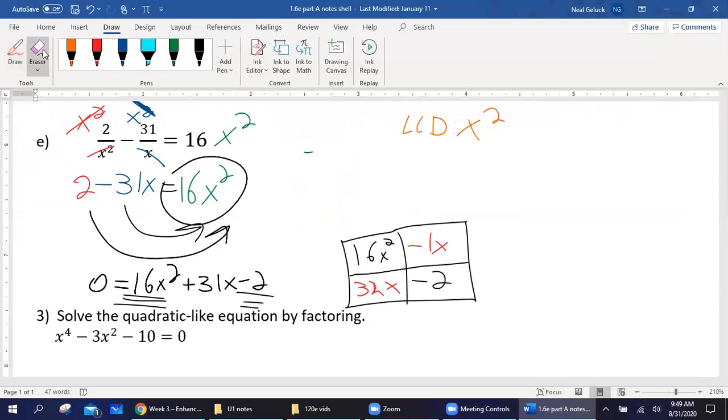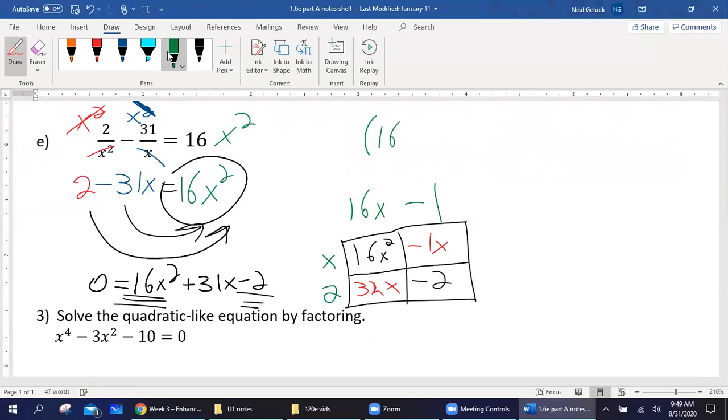I'll make myself a little room here. So top row, they have an x in common. Bottom row, they have a 2 in common. First column, they have a 16x in common. Since I have a negative on the 1x, I got to bring a negative out. All they have in common is a 1. You've always got to bring something out. Even if they don't have anything in common, there's always a 1.